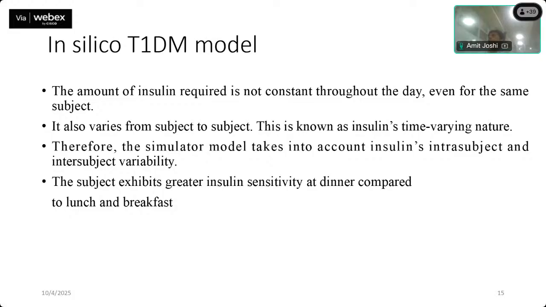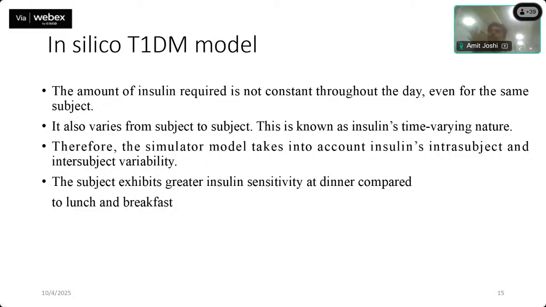But maybe after 4 or 5 hours of a meal, if you measure the glucose level, then it is low. Then definitely the insulin requirement at that time is different. So intra-subject as well as inter-subject.